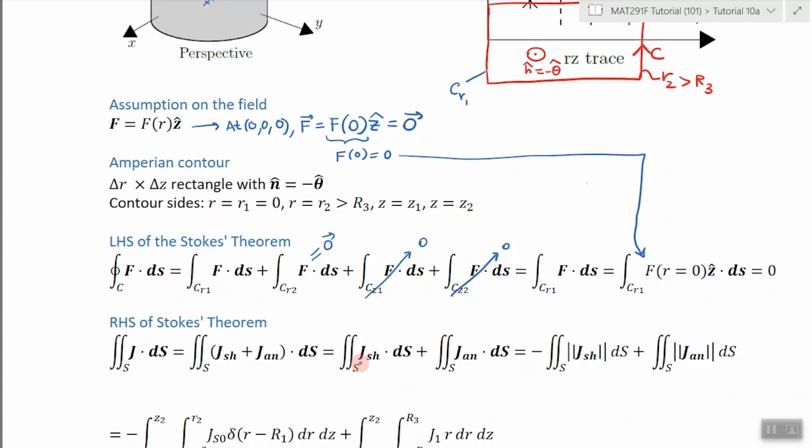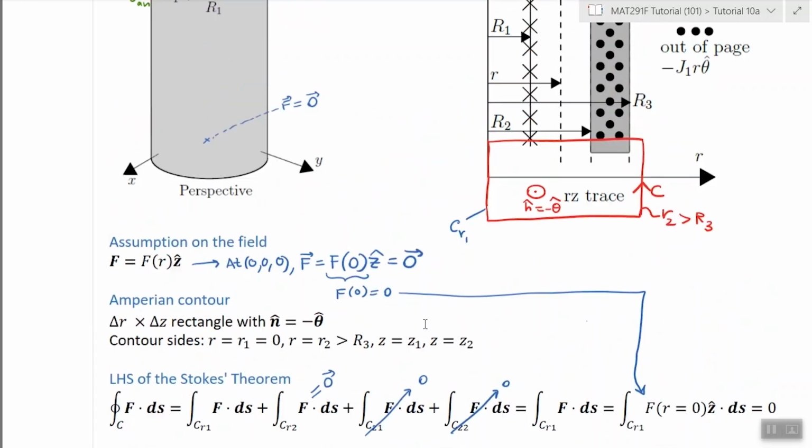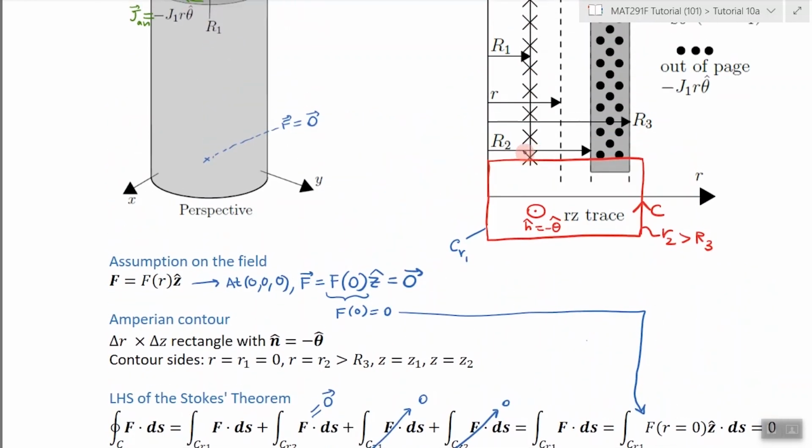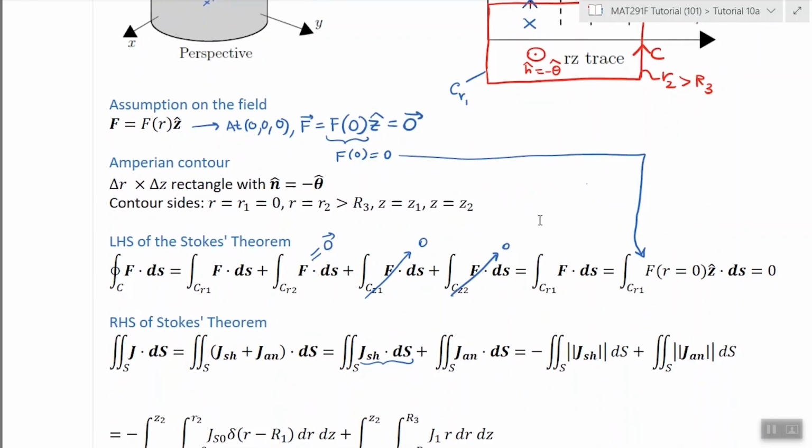For this integral, we know that J of the sheet is into the page, and the differential surface element is out of the page. So when you take a dot product, you would get a negative product of the magnitudes, right? So negative magnitude J sheet times ds. Here, we would get positive.